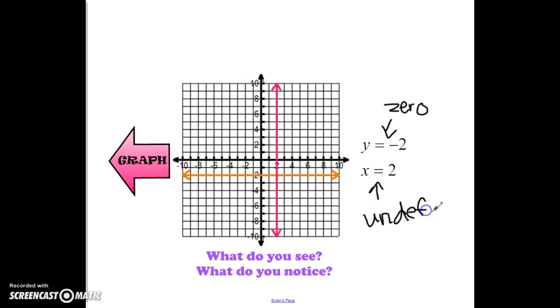So where it says, what do you notice about the slopes? We have a 0 and an undefined, which makes them perpendicular. So the graph is perpendicular, the slopes are 0 and undefined, and they're perpendicular.